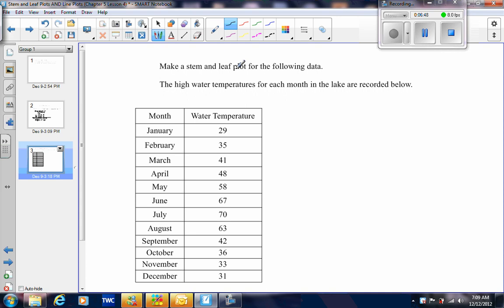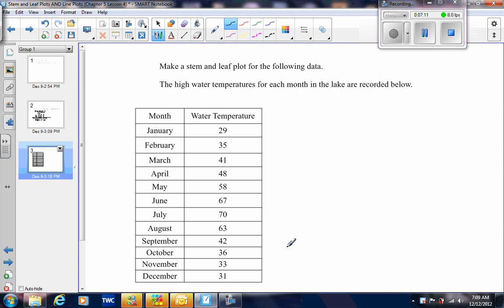Purposely made this data very spread out. It's not quite as spread out as our temperatures in Minnesota. It'd be a good thing to make a stem and leaf plot for. Our temperatures in the winter can get well below 0, and in the summer can get above 100 on certain days.